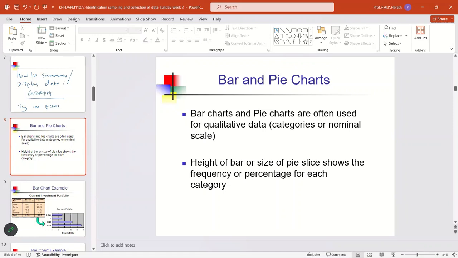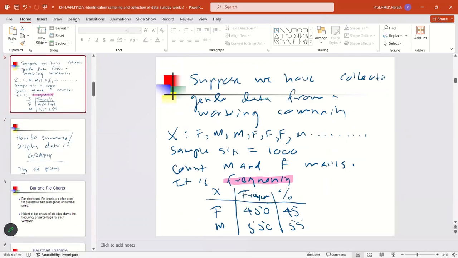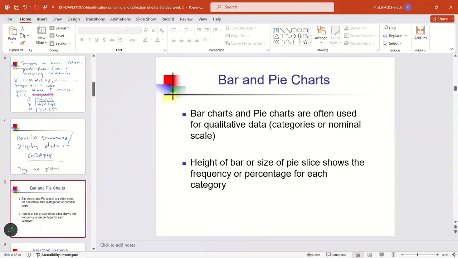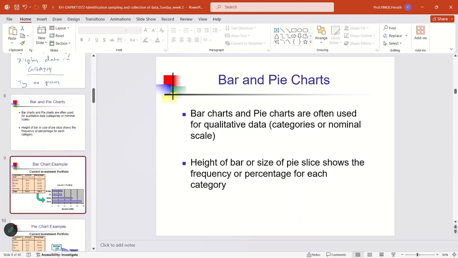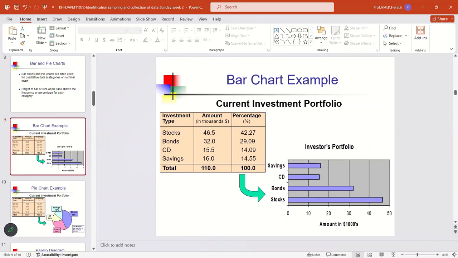You can present gender data using a pie chart or a bar chart. So this is how the pie chart and the bar chart look.